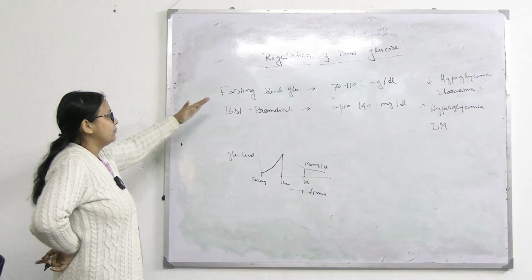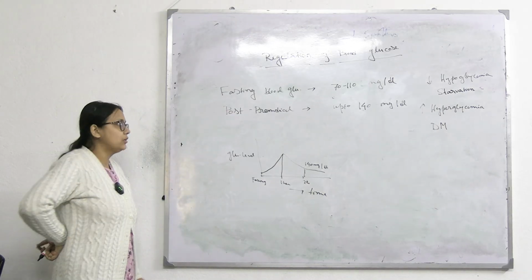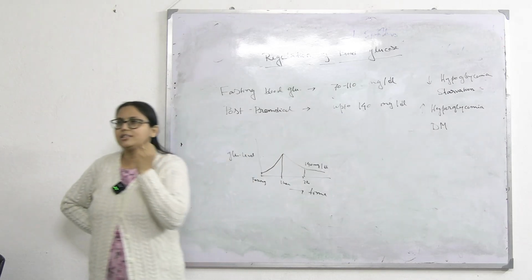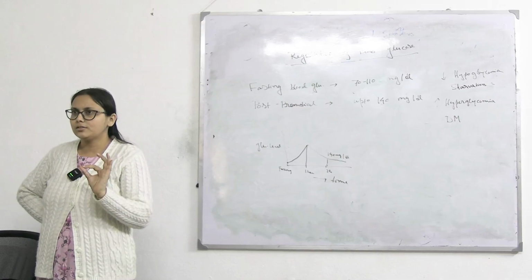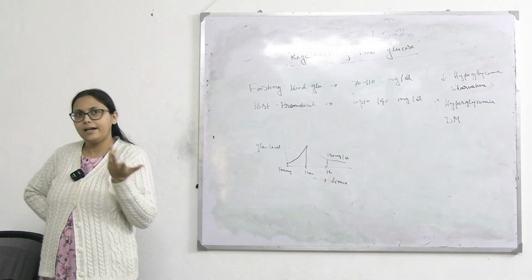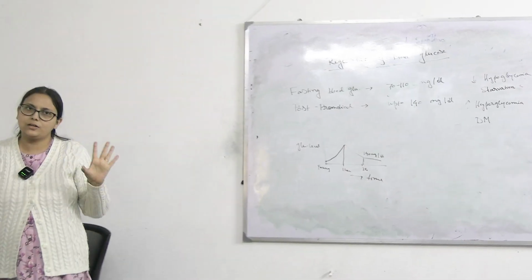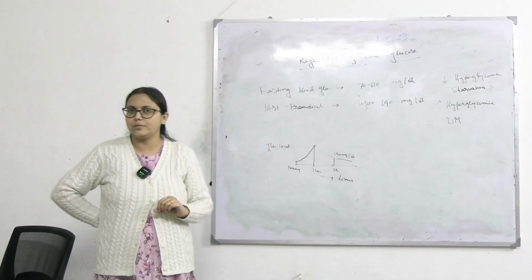Now why is maintaining this normal blood glucose level important? Because if there is hypoglycemia, that means there is deprivation of glucose. Deprivation of glucose means deprivation of ATP, energy. ATP is very important for our normal cell function and especially for our brain, that is the nervous system.